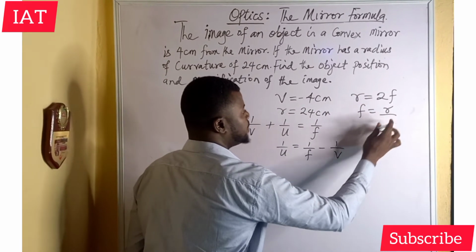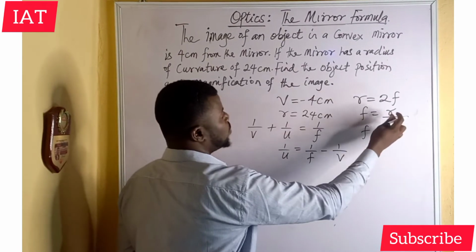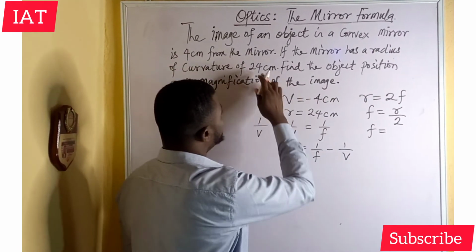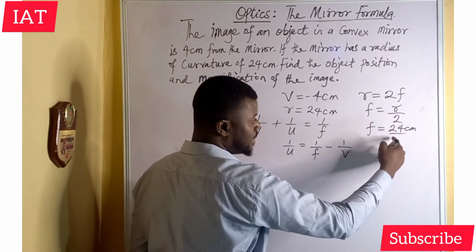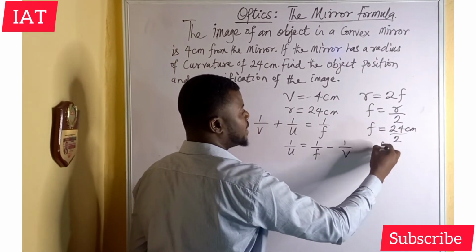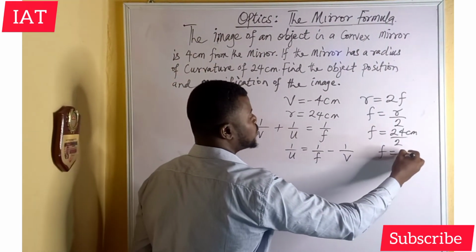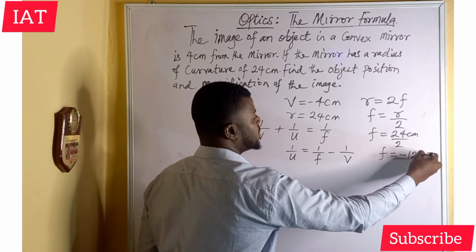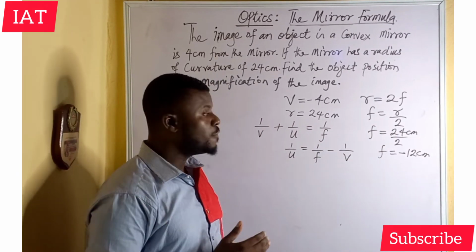So the focal length in this case will be the radius of curvature, 24 cm, divided by 2, and that will give us 12. But remember, it is a convex mirror, so it has to go with a negative sign, negative 12 cm. So that is the value for our focal length.